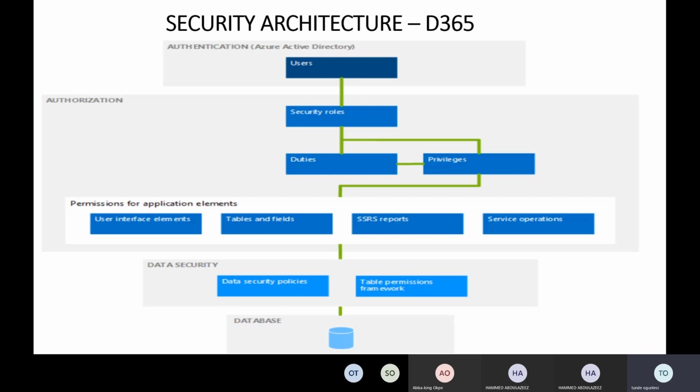So what I'm going to show you today is the Azure directory, how to import users from the Azure directory into 365, and then how to give those users roles, how to give them duties, and how to have a look at permissions. But obviously, this is usually based on whatever information you get from your business process owner that you're working with.